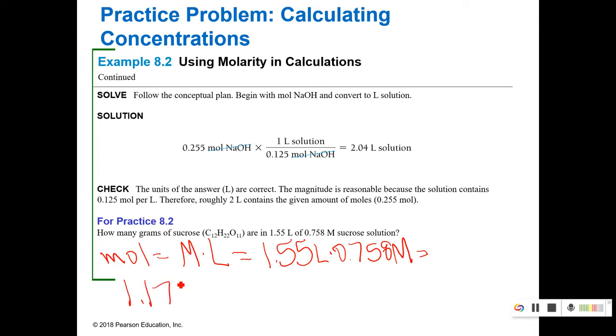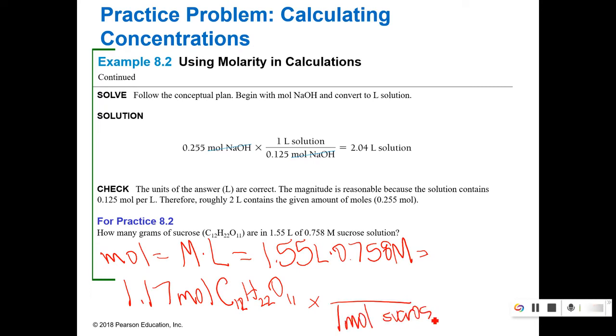And I get 1.1749, and that's moles of sucrose, C12H22O11. Okay, but it wants grams, so 1 mole of sucrose, I'm just going to write sucrose, is equal to grams of sucrose.